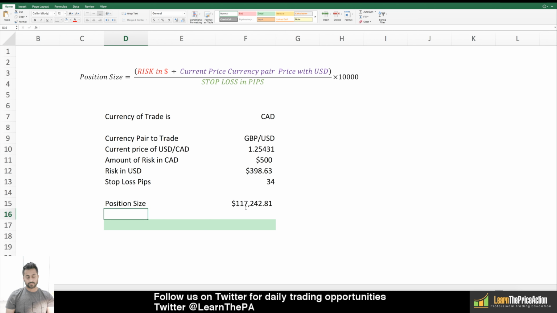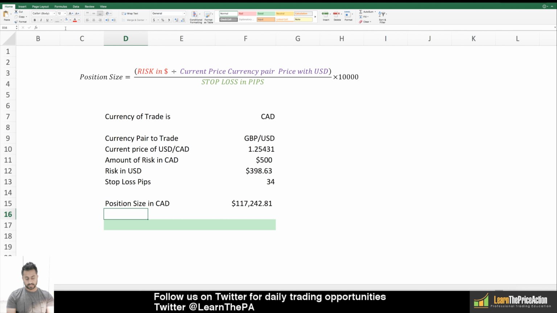That's your position size in Canadian dollars. So if you want to risk 500 Canadian dollars on a 34 pip stop loss, you would buy or sell 117,242 Canadian dollars from the broker.